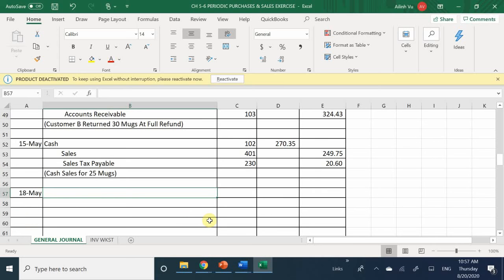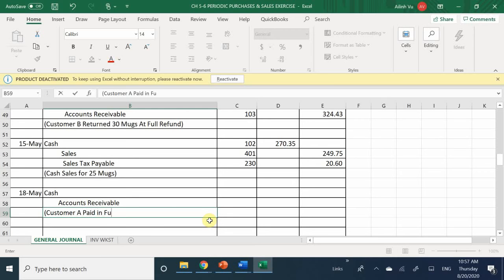What is my account going to be? Cash and accounts receivable. And we're just going to indicate customer A paid in full.